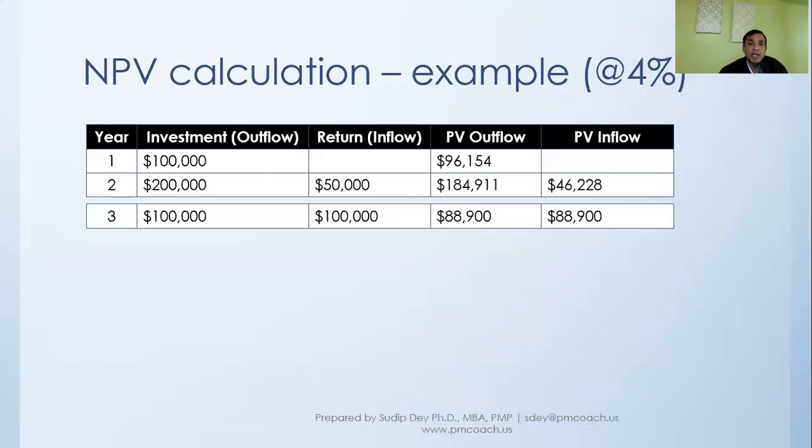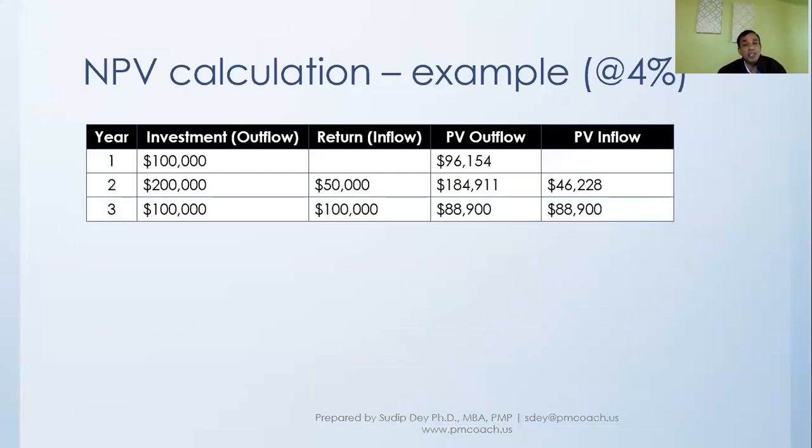Then in the third year, investment has gone down, expense has gone down: it's 100,000 outflow, 100,000 inflow. When we make that into present value, we see the present value of outflow is 88,900, and same for present value of inflow.